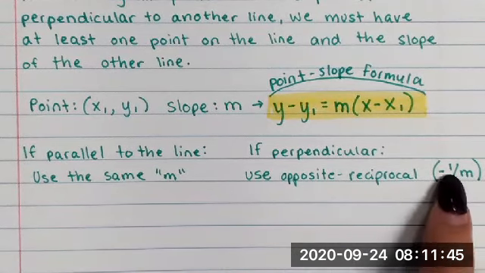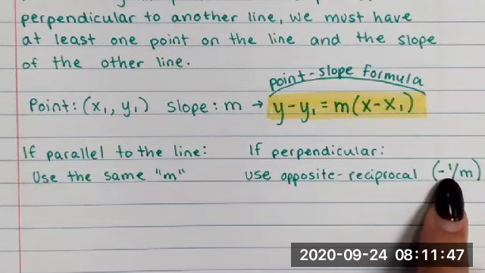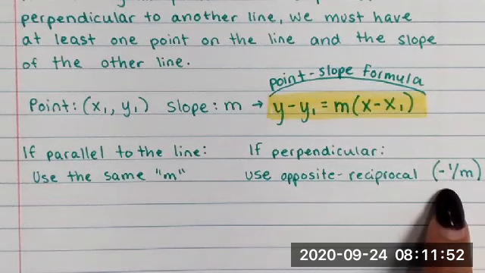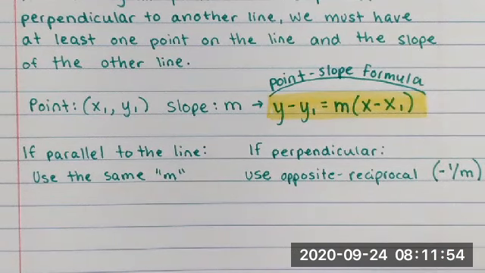It's not always going to be a negative, because if it's already negative, it'll become a positive. But that's the idea of an opposite reciprocal.